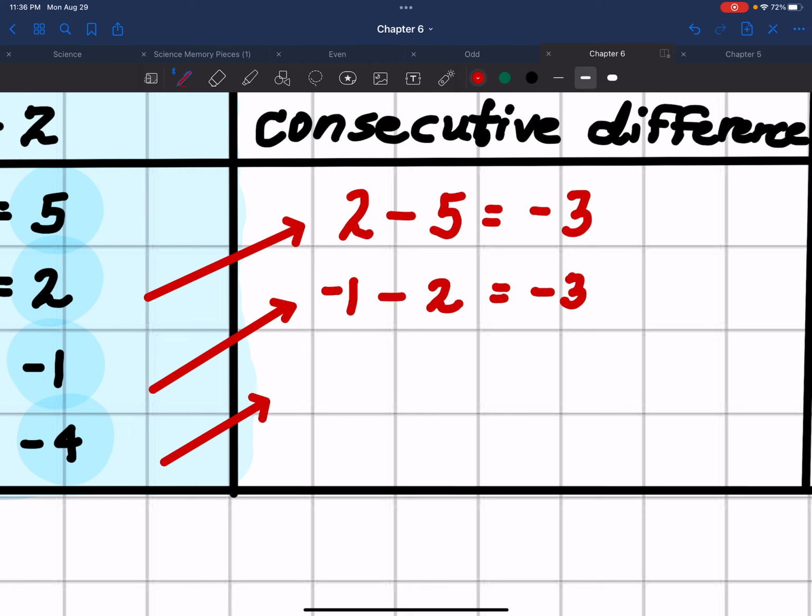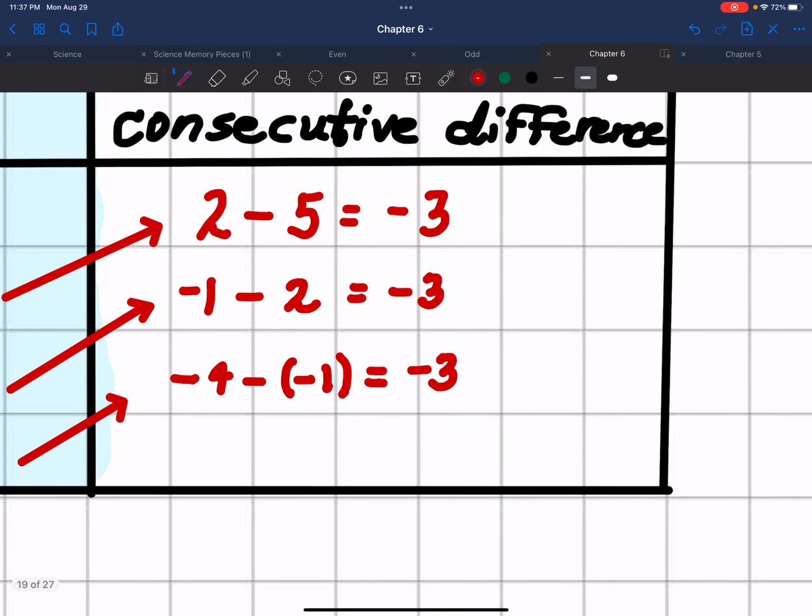Okay, so here we go. Negative 4 minus negative 1 is negative 3. So to answer the first question, what is the common consecutive difference for the function?